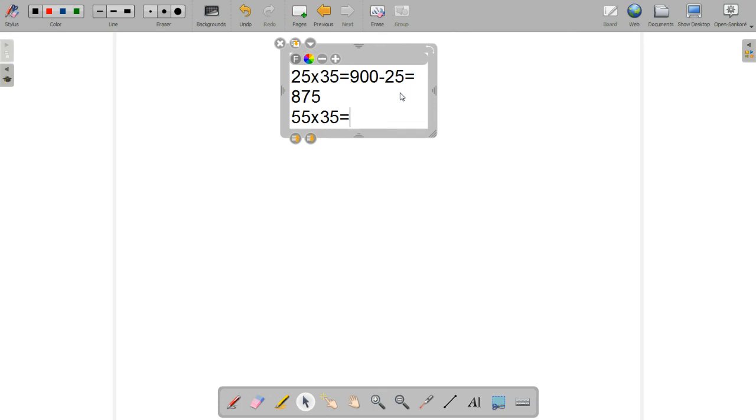Hopefully you know that 45 squared, all you have to do is 4 times 5, 20, 25. Because remember, just look at the beginning of the video. And how far away are they from 45? 10. 10 squared. So it's just 1925.